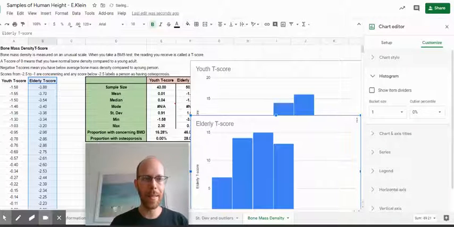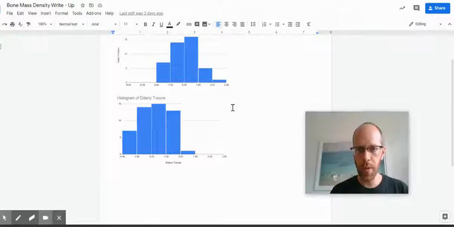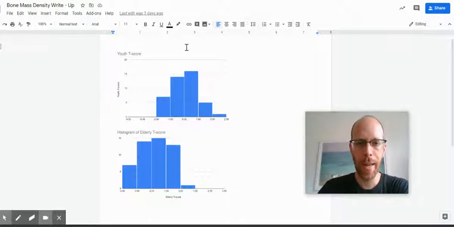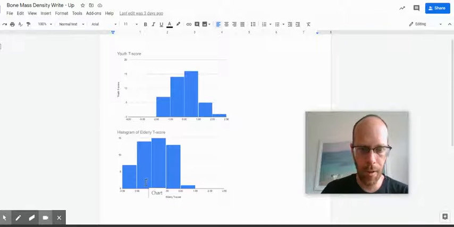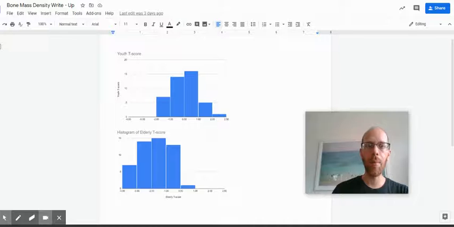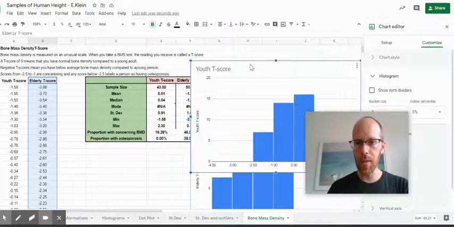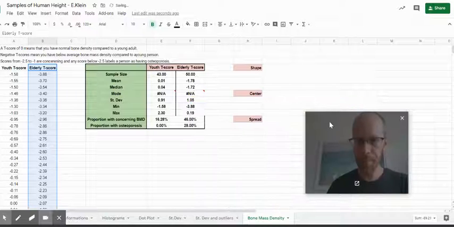What I did with these is I copied them and I pasted them into this document where I can see really clearly that the bone density score is on average lower for the elderly. I can see that they both have relatively symmetric distributions and that the spreads are pretty similar. So when I'm writing this up, I would say something along the line of this.